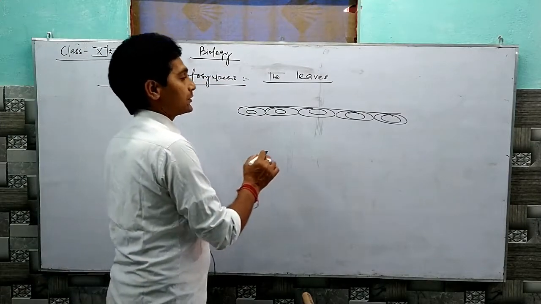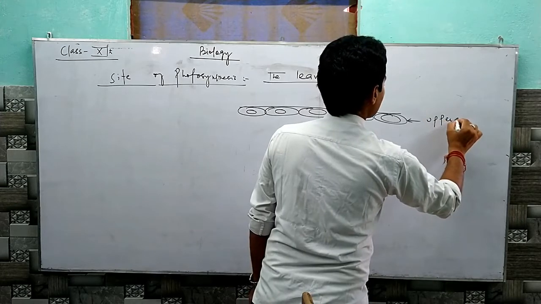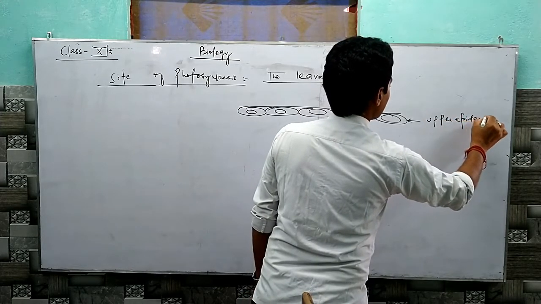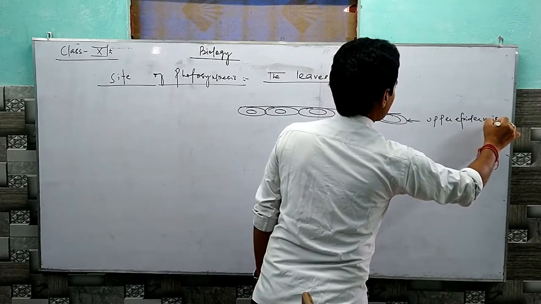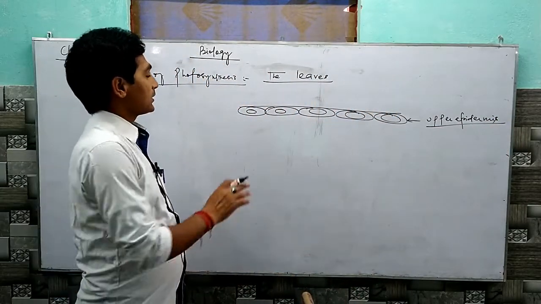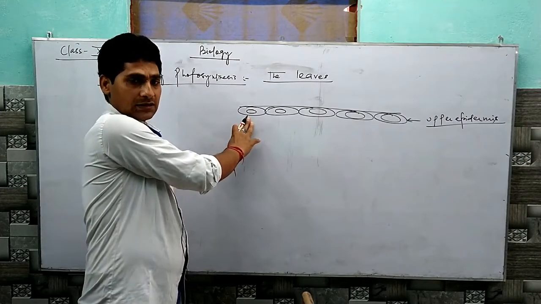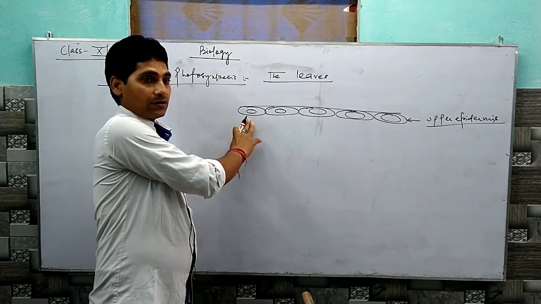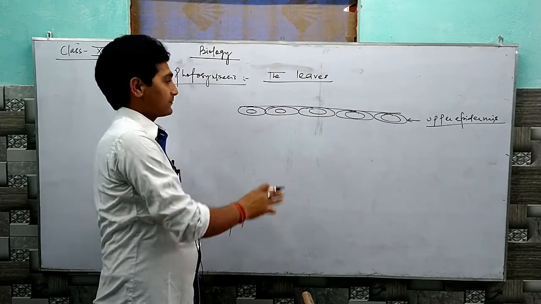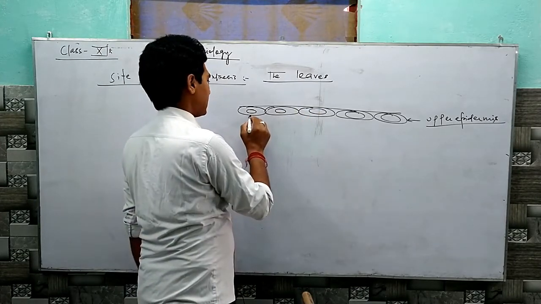The cells of the upper epidermis are clear and transparent, and they allow the light rays to pass through it.